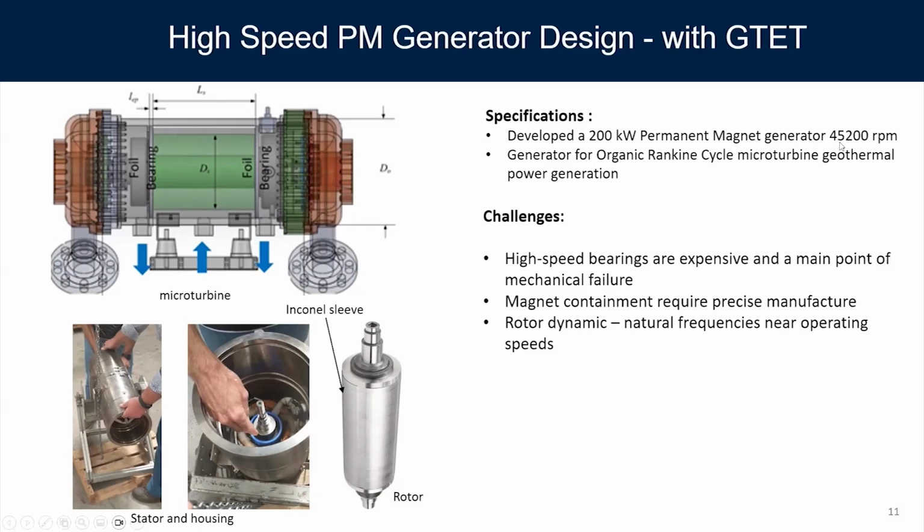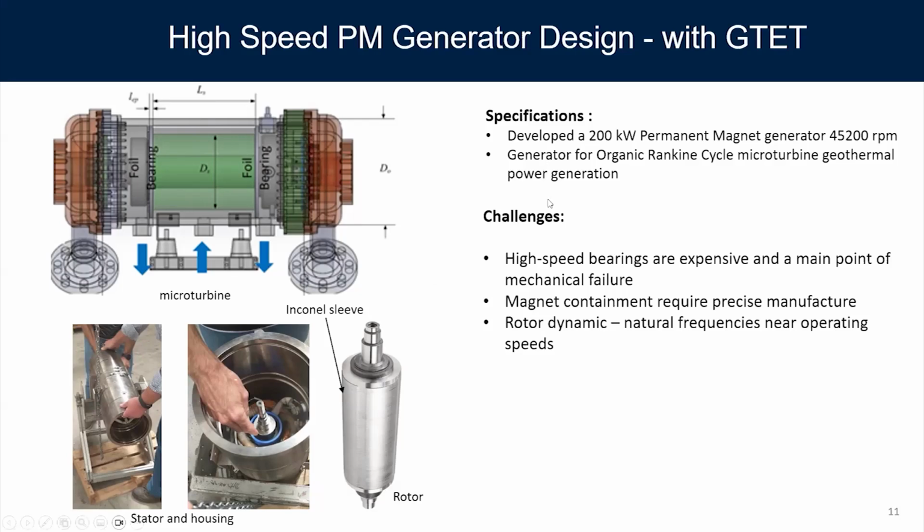That's really high speed, and the generator was to produce 200 kilowatts. Since it's running at really high speed, the packaging or the size of the machine was really small. You can see that it's nearly 2 feet long, and the diameter is about a foot.